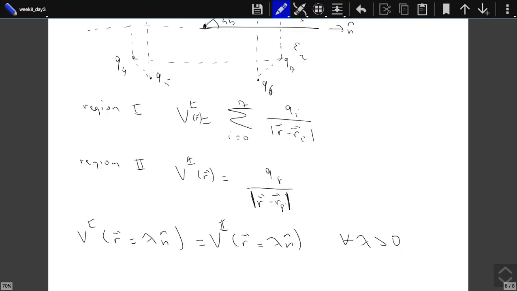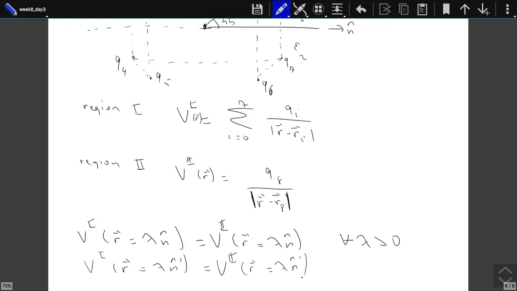And V1 at R equal to lambda n hat prime should be equal to V2 at R equal to lambda n hat prime. This is the continuity of the potential across boundaries.